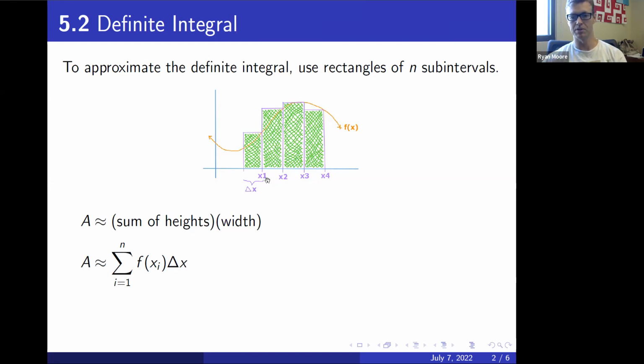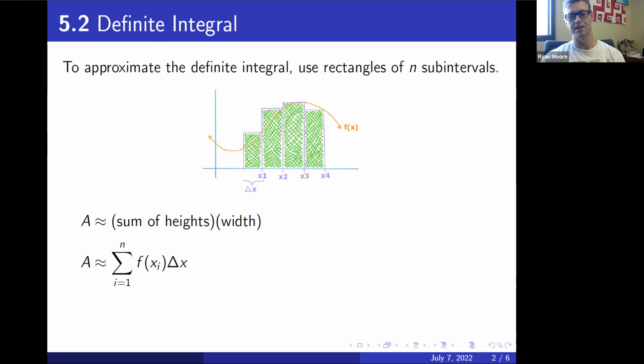Well, in our example above in our drawing, n would equal 4, n subintervals. So we'd plug x1, x2, x3, x4 into f, find the heights at each of these, and add all of those heights together. So the summation from i equals 1 to n of f of x sub i would add all of your n heights together. You would then multiply that by the width.